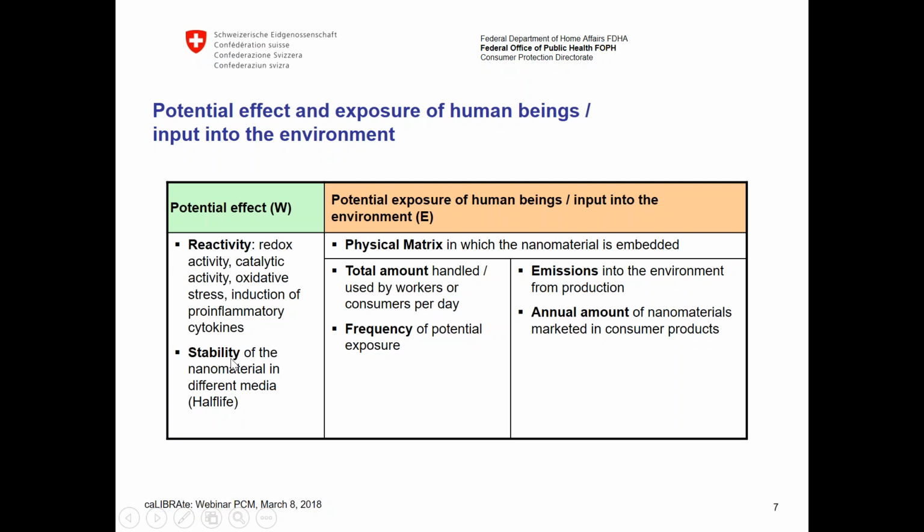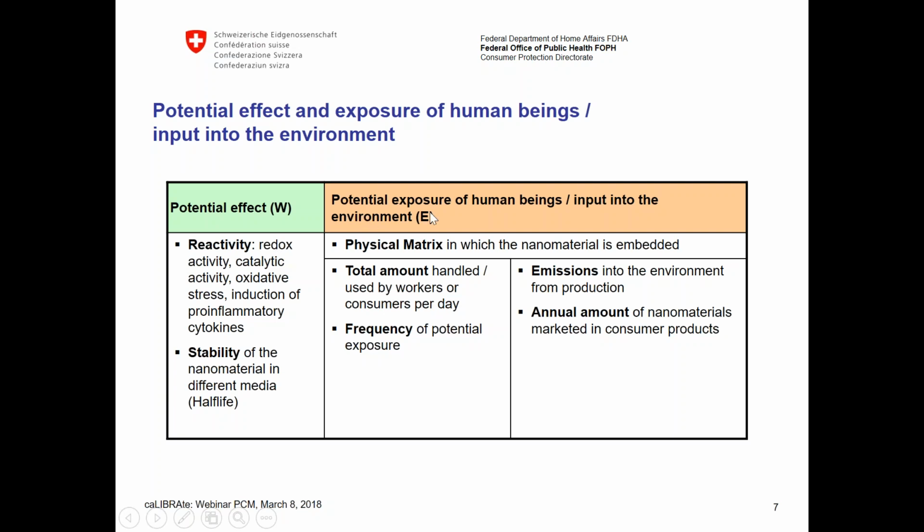And also the stability in different media, for example in the environment, but also, of course, in the human body. All these parameters for the reactivity represent several modes of action of the nanomaterials.